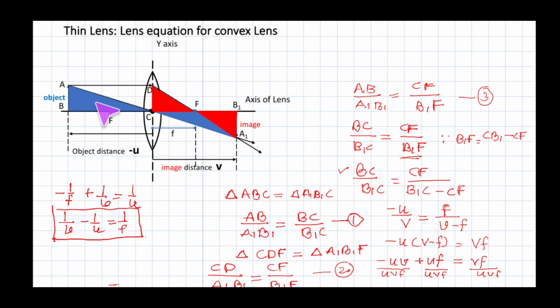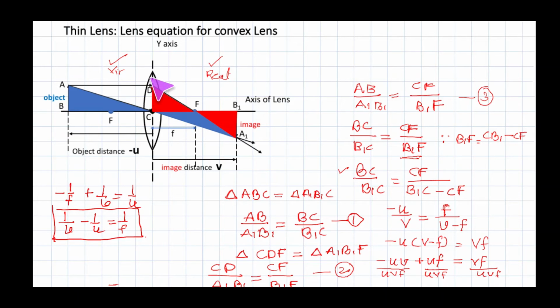That means that in the case of a convex lens, if the object is kept between the focal point and the optical center, you will get the image on the left side. So that is called virtual. So remember that an image in this region is called a virtual image and an image in this region is called a real image. That is an important thing to note.